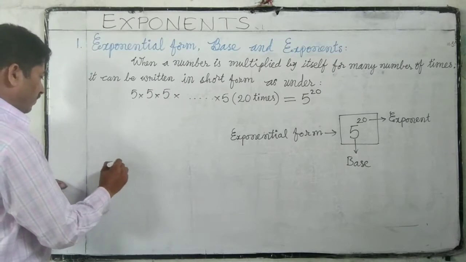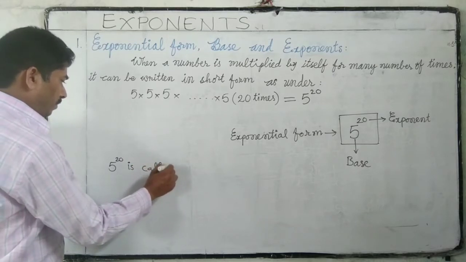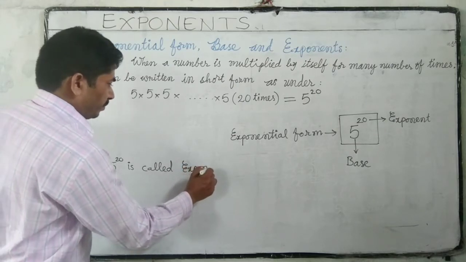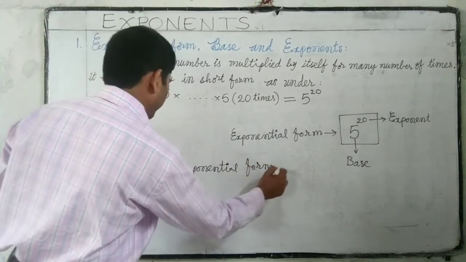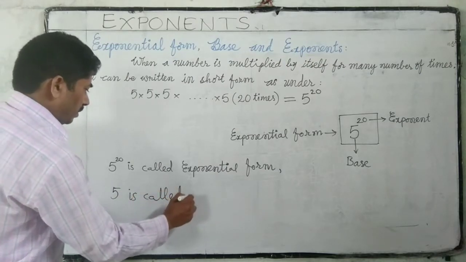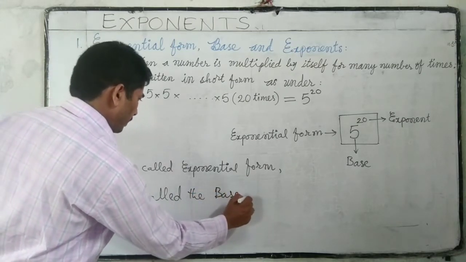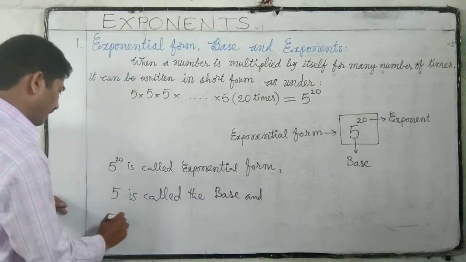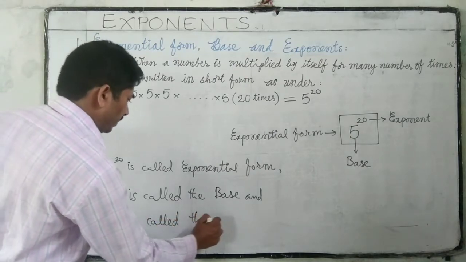In detail, 5 to the power of 20 is called exponential form. Five is called the base, and 20 is called the exponent.